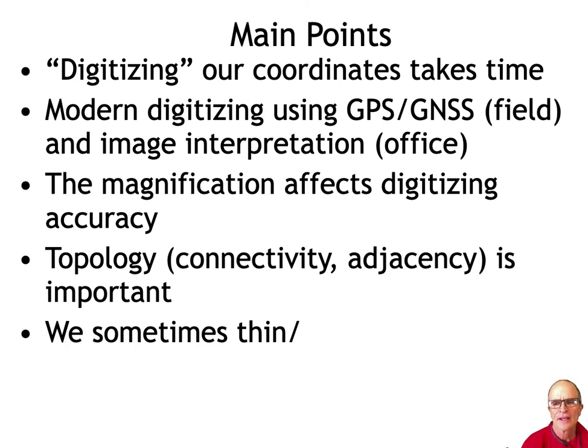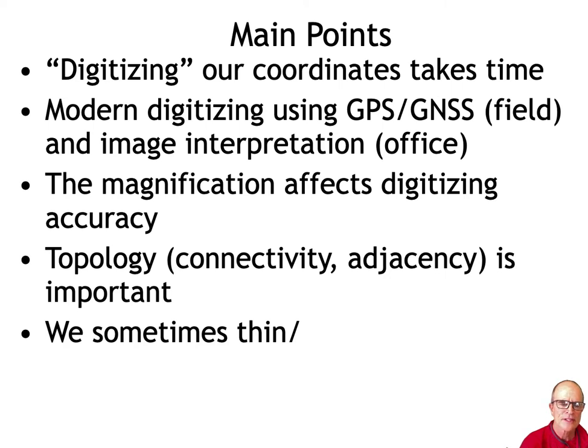I don't know how many projects I've advised on where people were surprised at the effort and money it took to get data into the GIS at the level of accuracy that they wanted. Modern digitizing is using GPS, GNSS, they're called generally, and image interpretation.